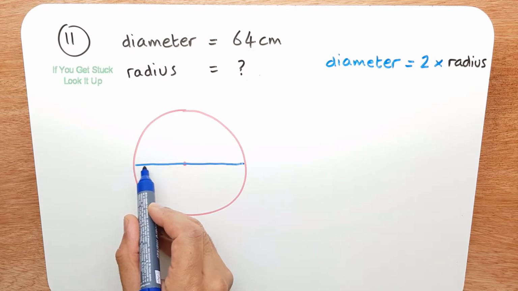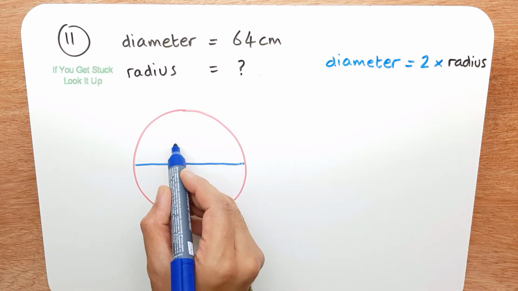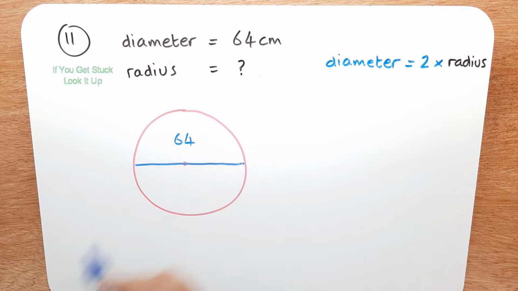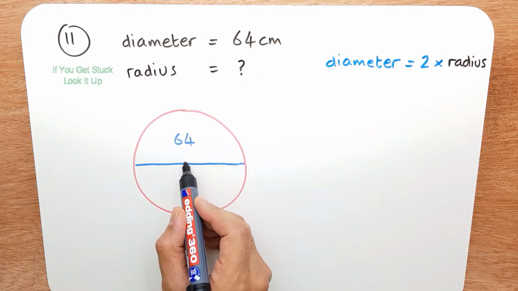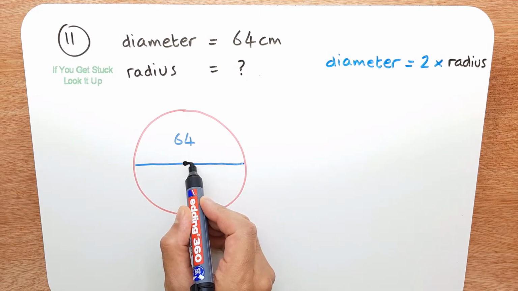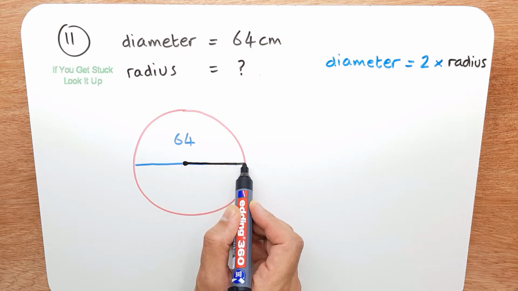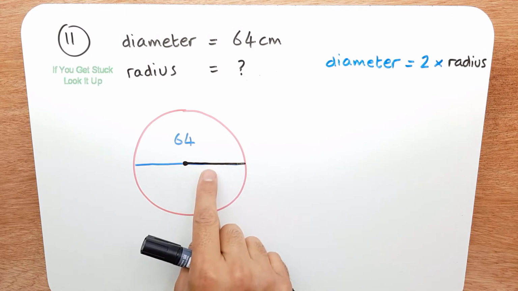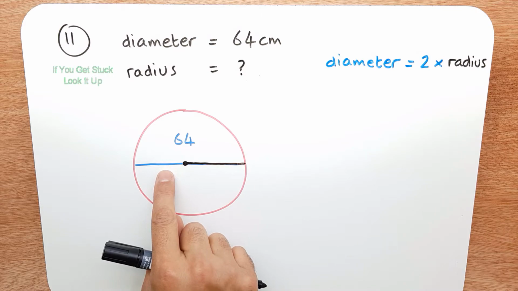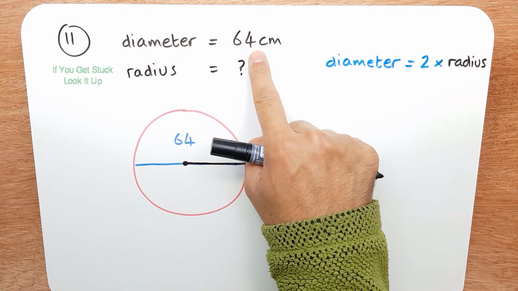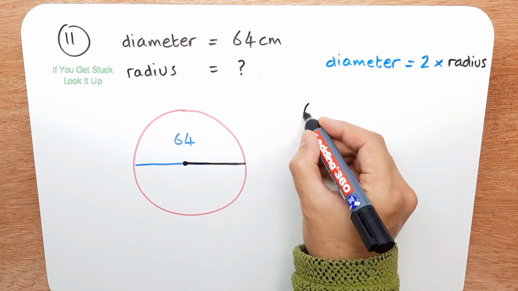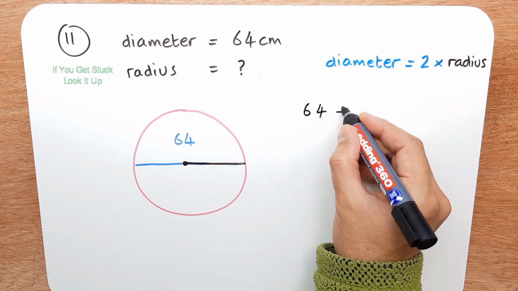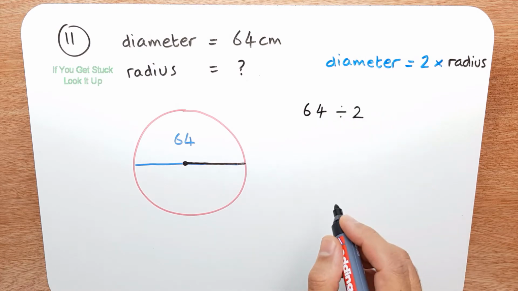So this blue line that runs through the middle is 64 centimeters, and we've been asked to work out the radius, and we said the radius is from the center to the circumference, so it's half the diameter. So what we have to do is divide 64 by 2. So this is our calculation, 64 divided by 2.